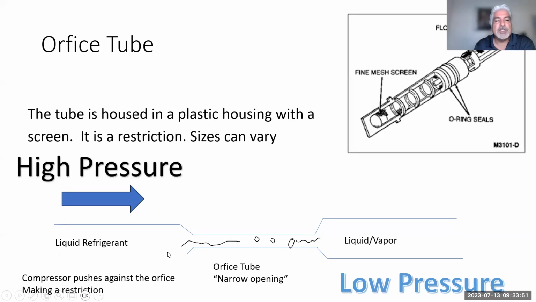So what am I trying to do with these squiggly lines? Sorry about my design here, but I couldn't find a good picture that would work, so I had to make my own. The straight line represents the liquid refrigerant. The little circles right there represent what is occurring to that refrigerant as it starts to cross the orifice tube. Well, it's going to see a pressure drop. And as the pressure drops, the boiling point actually drops.